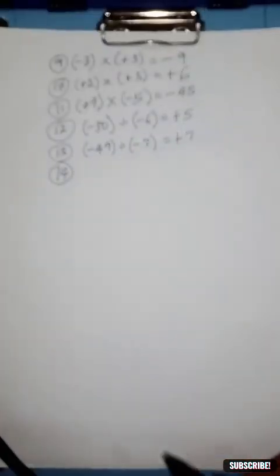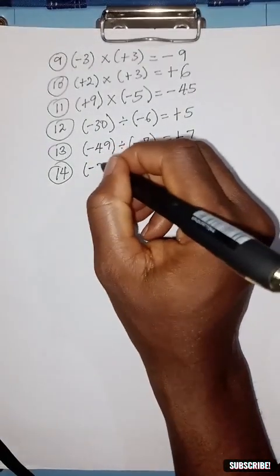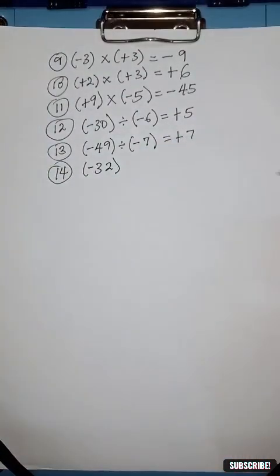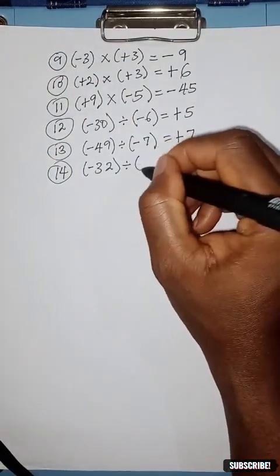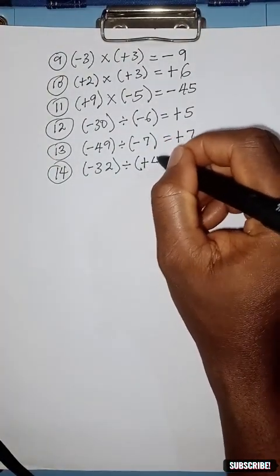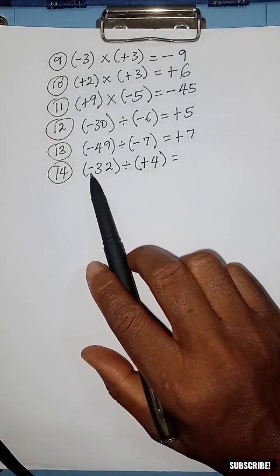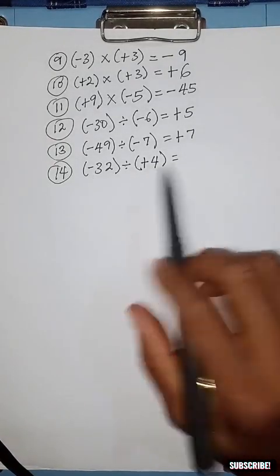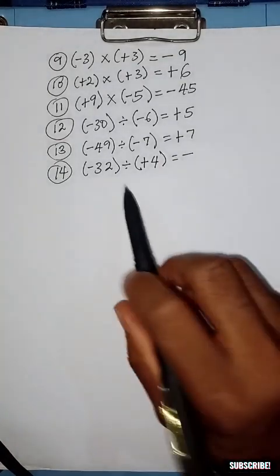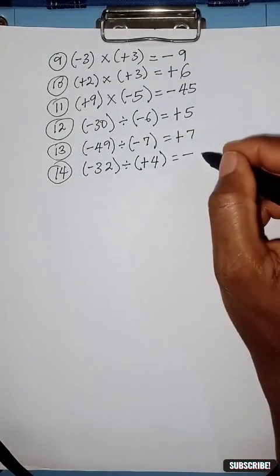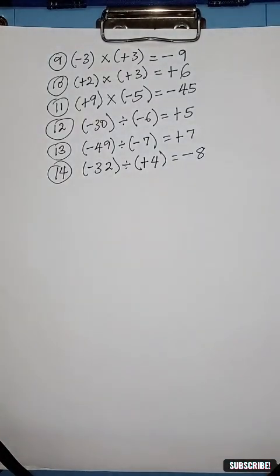Number 14, minus 32 divide plus 4. Minus divide plus, it's minus. 32 divided 4 is 8.